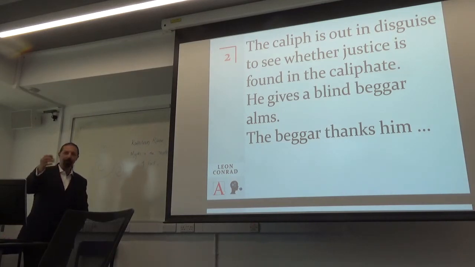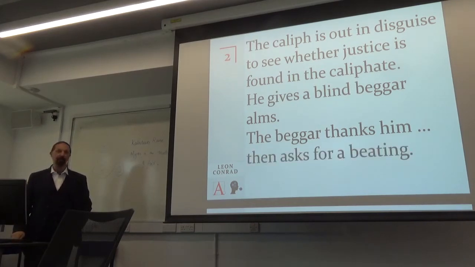He happens to come across a blind beggar, gives him alms. The beggar thanks him. Great. And then asks for a beating. Caliph is surprised. This is not usual behaviour that you expect from beggars. And why that is, and what happens, is another story for another day.